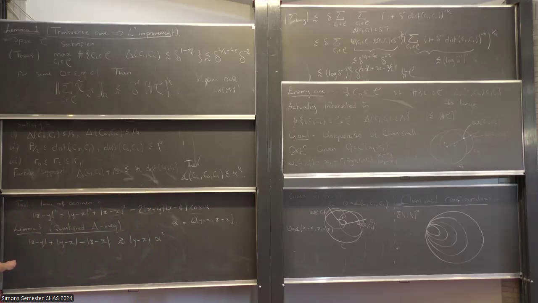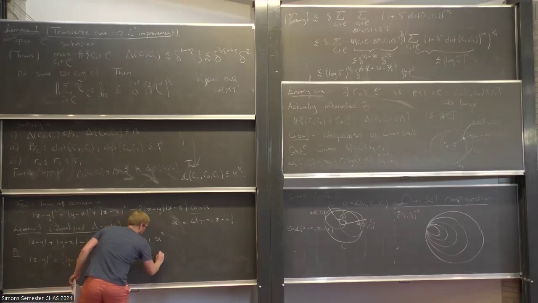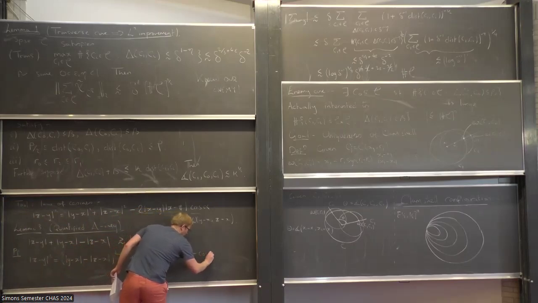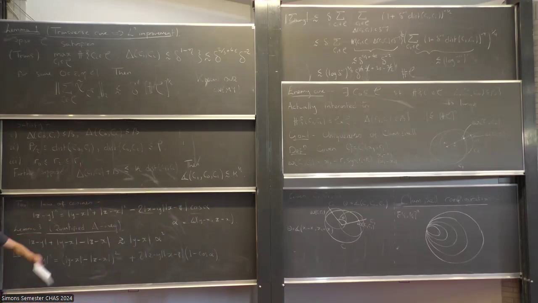So the proof is just going to use the law of cosines. So how do we see this? Well, I'm going to write out the law of cosines again, but I'm going to make the square here. We're going to have y minus x minus z minus x all squared. Then we're going to have to add the cross terms, and the cross terms feature in this correction factor in the law of cosines, right?